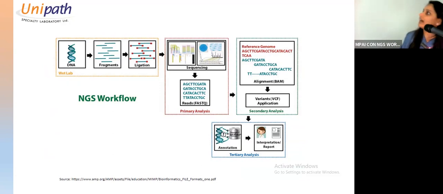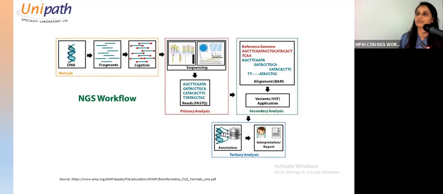After that comes the sequencing, and then you have reads in FASTQ format. Up to this stage it is known as primary analysis. From the sequencer you don't get FASTQ directly; you get a BCL file, which you need to convert into FASTQ format.